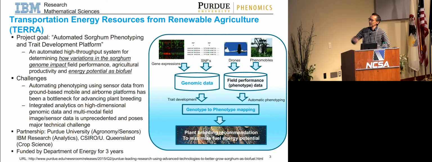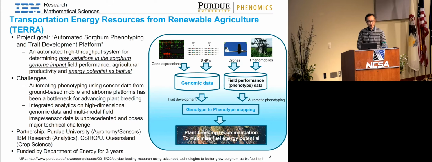There are two main areas of technical challenge. The first has to do with automated phenotyping from sensor data using ground-based mobile and airborne platforms, as this has been a bottleneck in advancing plant breeding. The second area of challenge is the integrated analytics on high-dimensional genomic data and multi-modal and noisy field, image and sensor data.